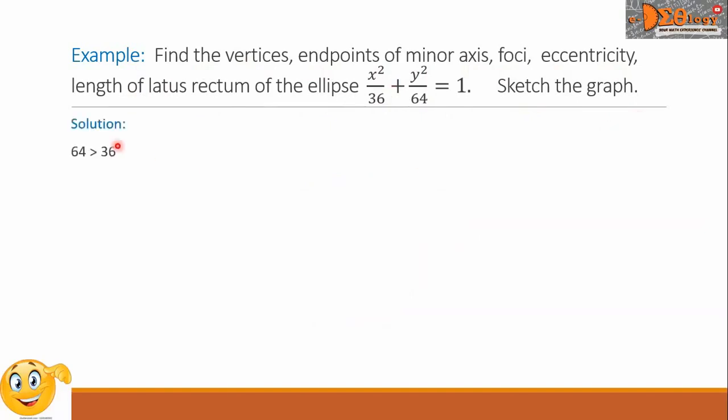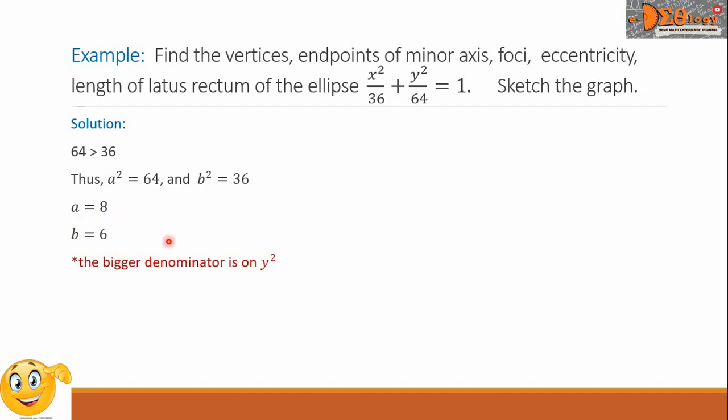For our solution, take note that 64 is greater than 36. Thus, we say a squared equals 64 and b squared equals 36. We can solve for a and b respectively by taking the square root of each equation. So a equals 8 and b equals 6.